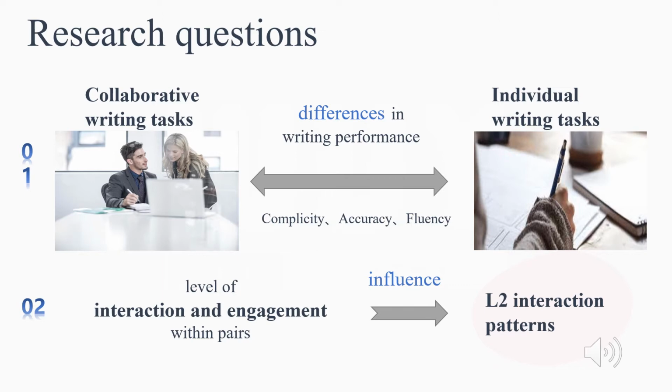The study mainly compared the level of complexity, accuracy, and fluency. And the second question is, how does the level of interaction and engagement with peers influence L2 interaction patterns? The study mainly examined the task average time, TERs, and AREs.